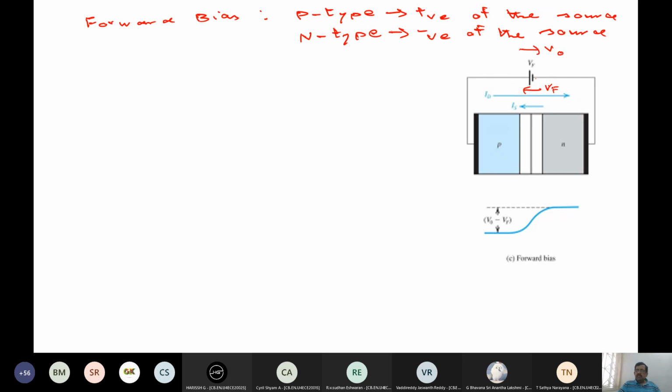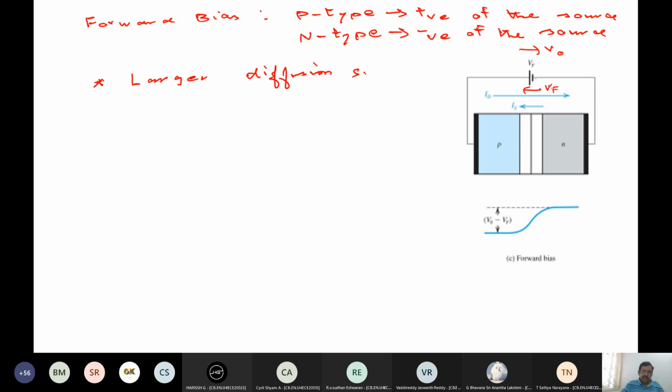The more the VF value, the more this barrier will be overcome. That is the idea, so you have to understand that. So it supports larger diffusion, as a result of lowering of the barrier voltage. This is the reason: larger diffusion. The diffusion mechanism is now supported, not hindered.